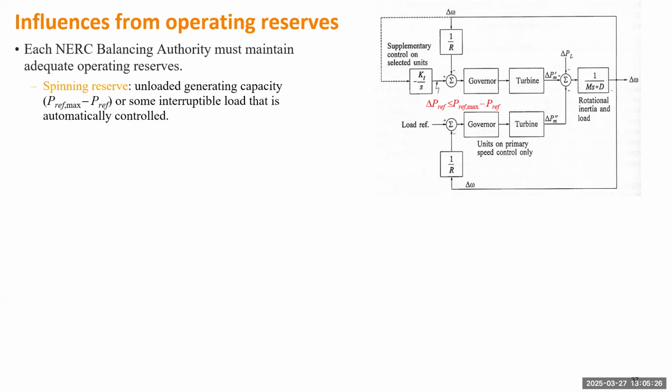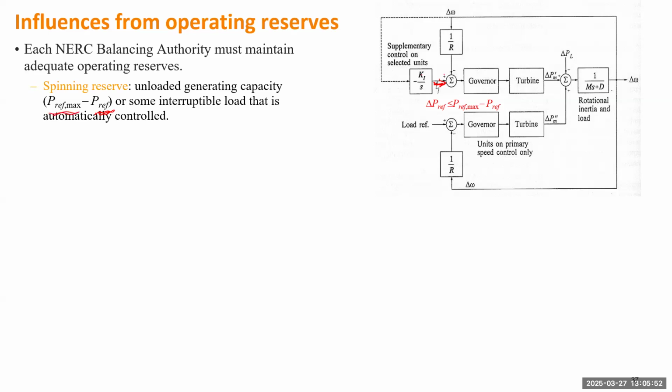So operating reserve includes two types. The first type is called spinning reserve. Spinning reserve basically means unloaded generating capacity. So if right now the setting point is PREV, which means whatever value you ask the generator to output for the PM, the mechanical power, and if you increase this value, there's an upper limit.